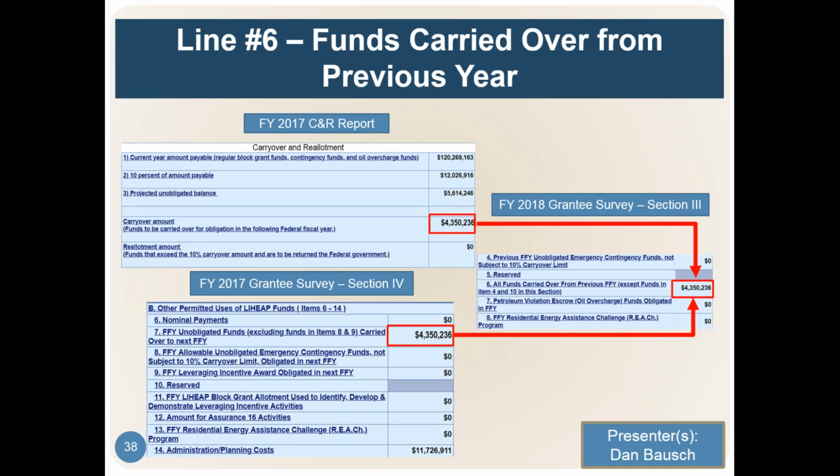We have this much left in our account that we haven't obligated to something, and so we're carrying it into 2018, and that'll be a source of funds now that we can use in 2018. There are a lot of words here and a lot of terms that can make it complicated, but if you think of it in that very basic way, at the end of the year, I haven't obligated this much, it's going to be available as a use now in the next year, it becomes a little bit easier to get your head around.